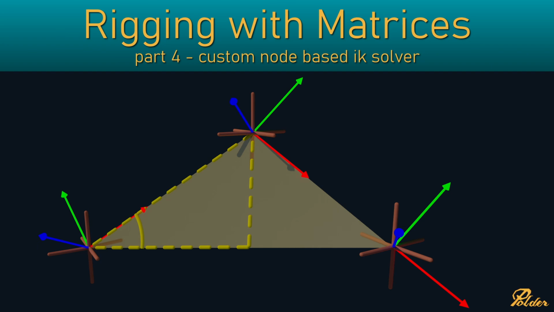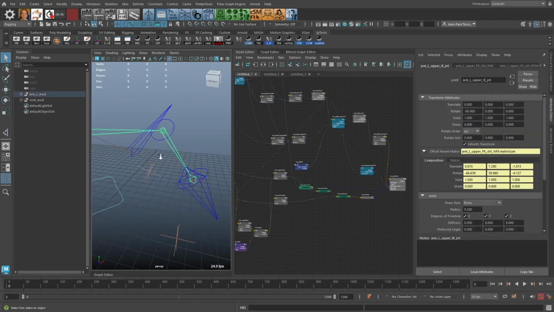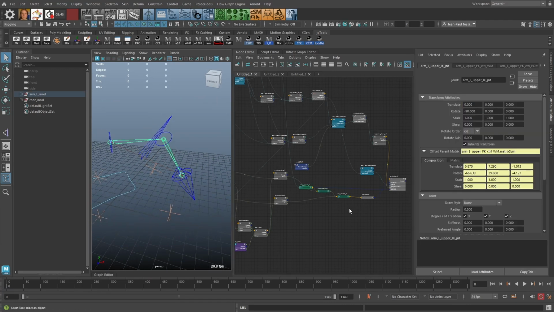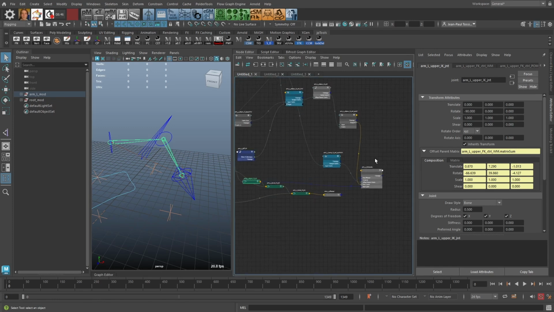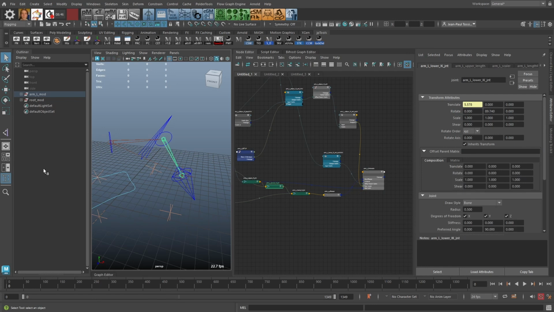Custom node-based IK solver. The current IK setup uses the IK solver of Maya and the joints to get the positions of the IK. But the IK solver of Maya is an iterative solver because it is also capable of solving bone chains with more than two joints. So it's taking multiple iterations to change the rotations to get the last joint, or the end effector, to the right position.